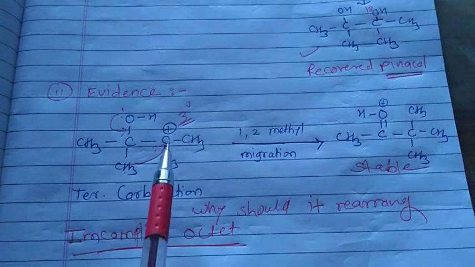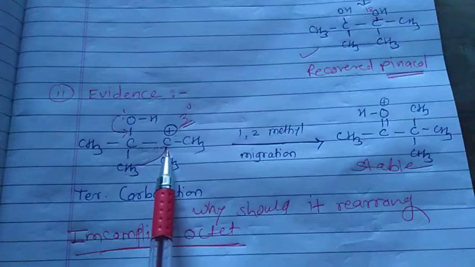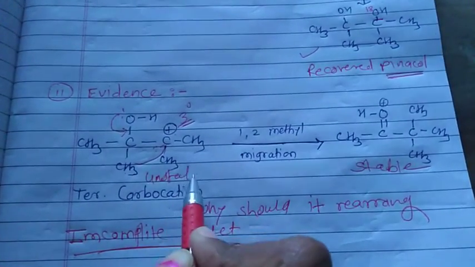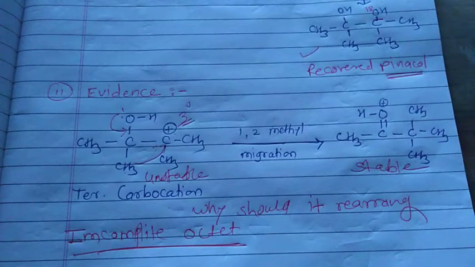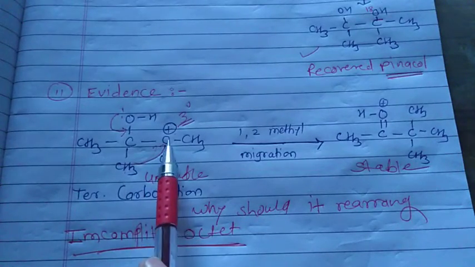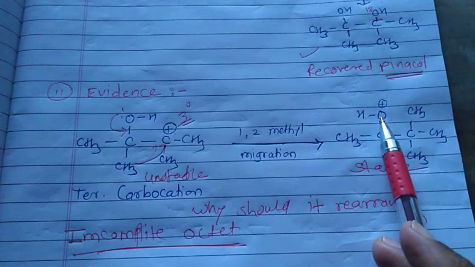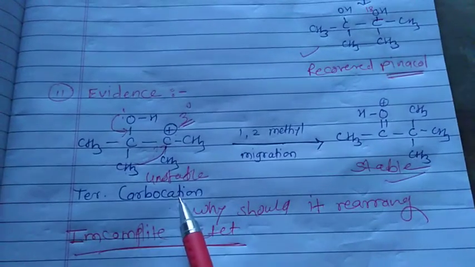This carbocation is a stable carbocation, but it does not complete its octet, so this structure becomes unstable. For the formation of the ketone, the structure must be stable, and that's why the migration of this methyl group takes place to this carbon, and there is a formation of the oxonium cation, which is the most stable structure, more than this tertiary carbocation.